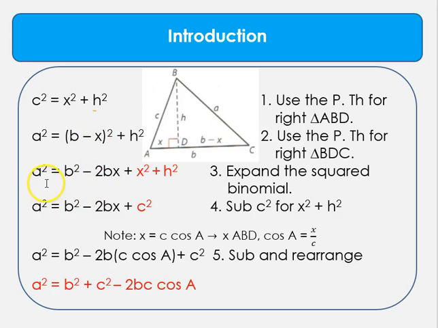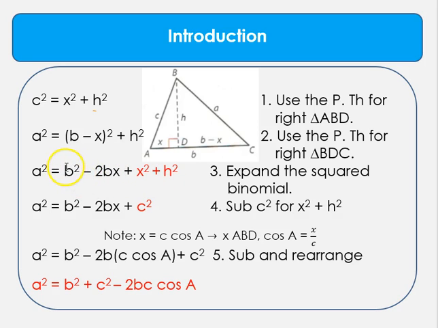We can now solve, and we can expand our equation. So let's go ahead and square this b minus x, and we end up with b squared minus 2bx plus x squared, plus h squared.